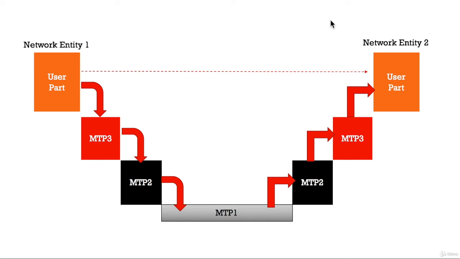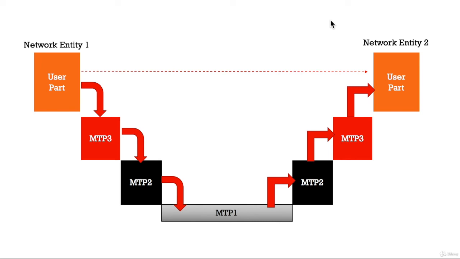Now from the physical layer, the MTP2 layer of the destination exchange picks up the frame and analyzes the packet for any error checking and verification. After the error checking, it verifies that packet and sends it to the MTP3 layer.